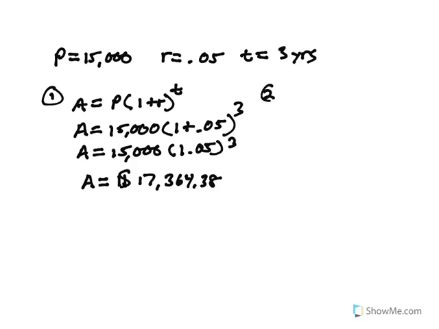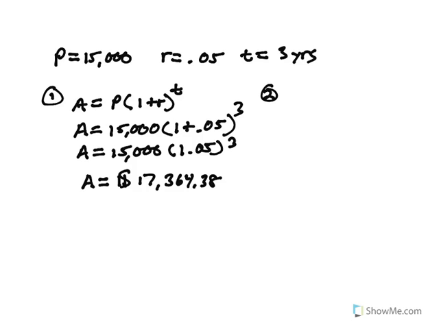The second part is we're going to find the interest earned on this amount. All you have to do is, this future amount is $17,364.38. You would just basically take the difference of the principal and that amount.